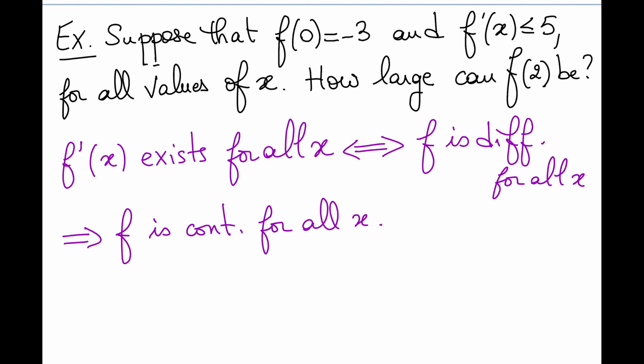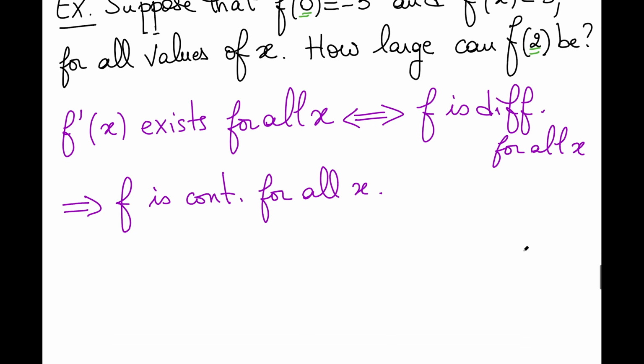So you have that the function is differentiable for all x and it's continuous for all x. Well, in particular, it's continuous on the closed bounded interval 0, 2, and it's differentiable there as well. Correct? Because it's differentiable and continuous everywhere.